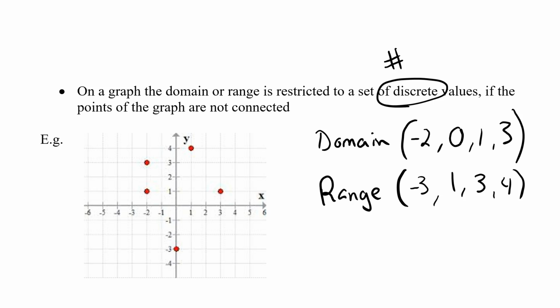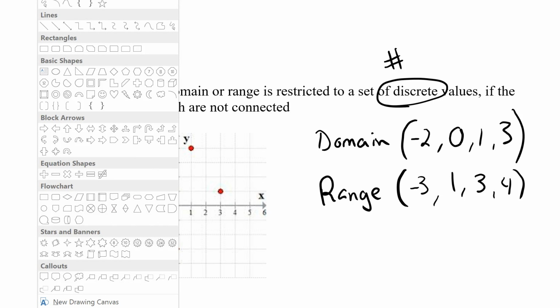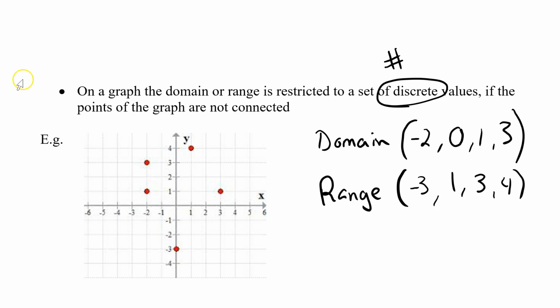Just curious, is this a function? Well, I can pull up my ruler and do the vertical line test again. I will insert my ruler. My ruler is just a straight line.